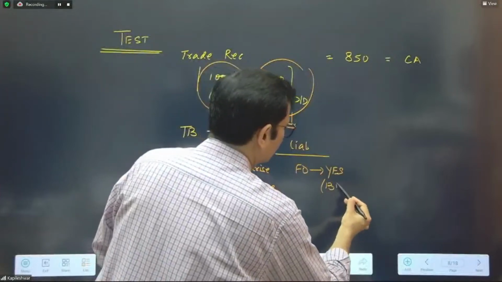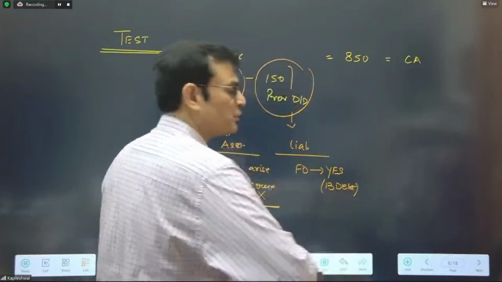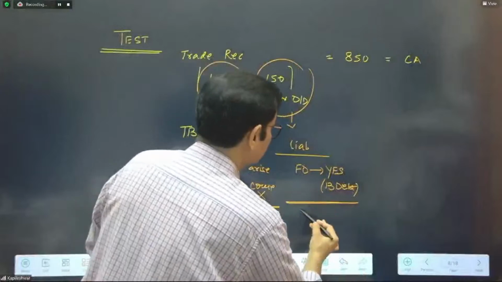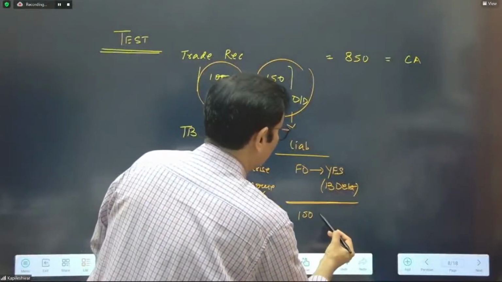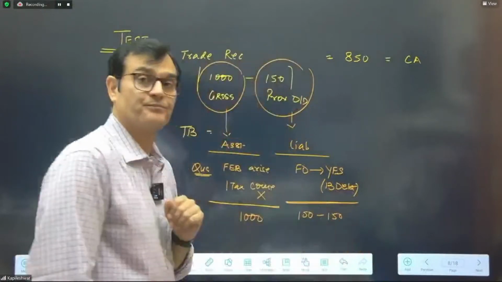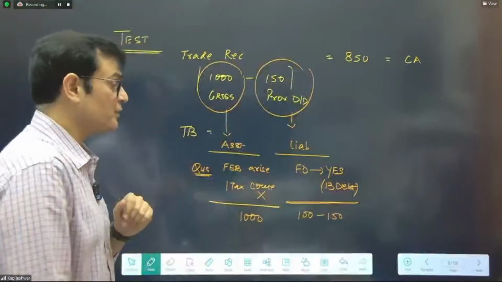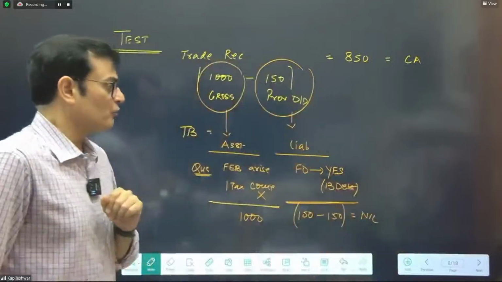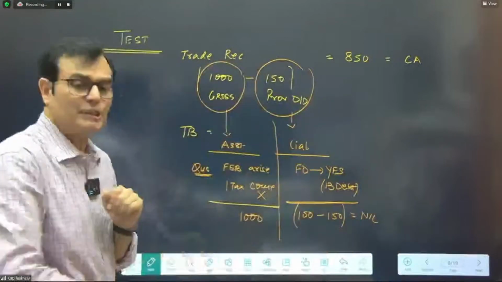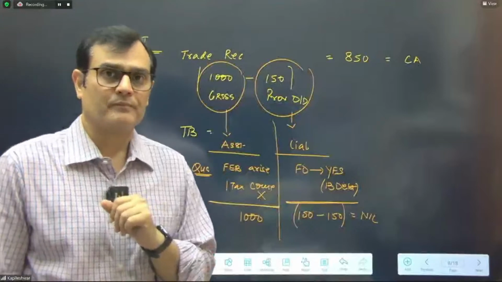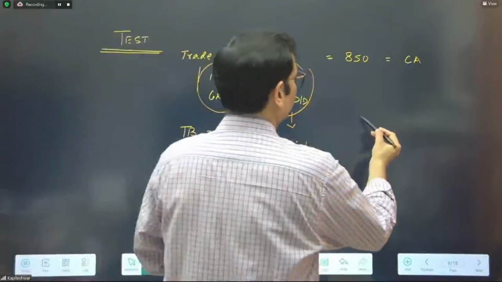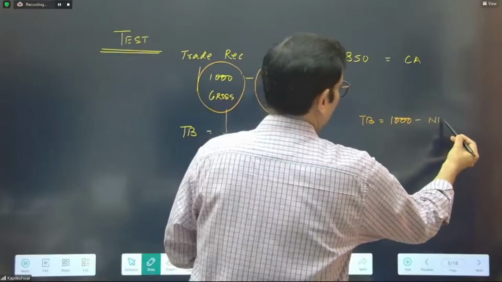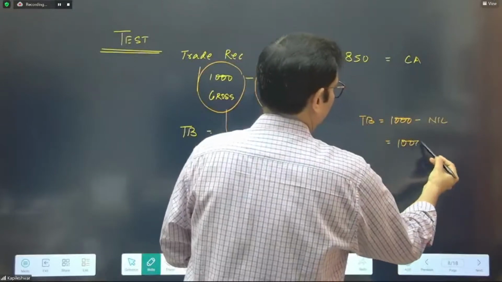Then let me consider my tax base is the carrying amount minus the future deduction, and this is going to be 0. So we get a tax base for each component separately. The tax base is 1000 for the first component, 0 for the second component. So the tax base is 1000.